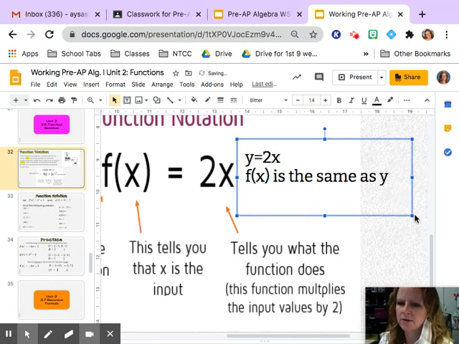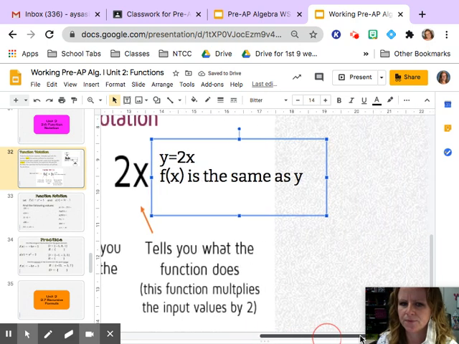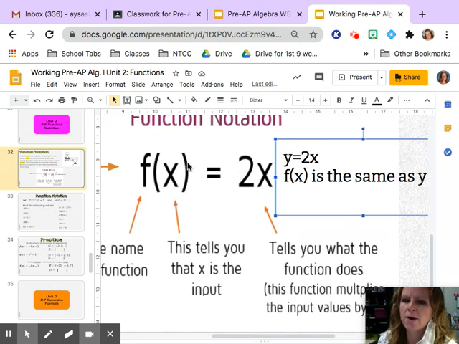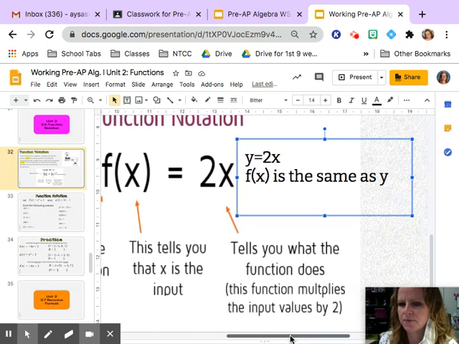So your 2x is your actual function, but we are going to write it as f of x so that we can actually plug in a number for x. Because y is a function of x. So that's why you can say f of x is the same as y, because y is a function of x.